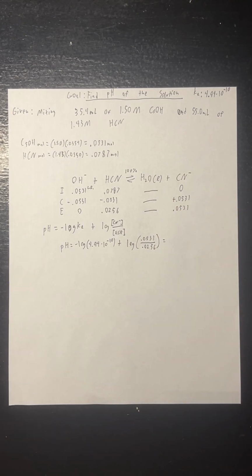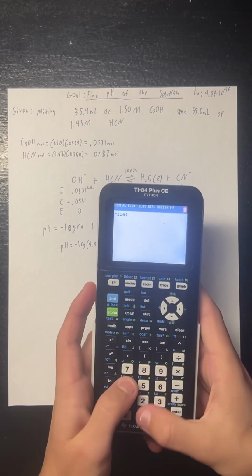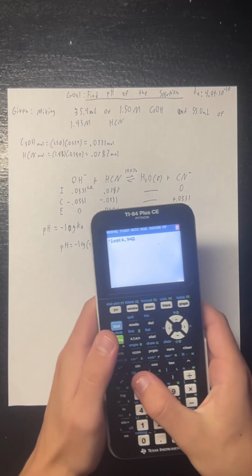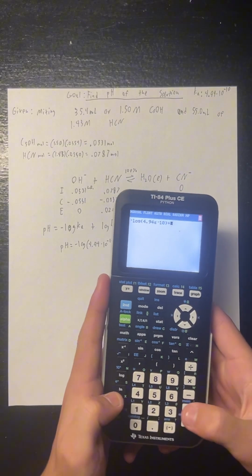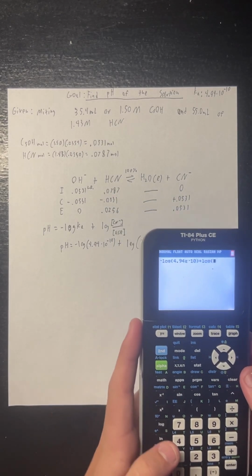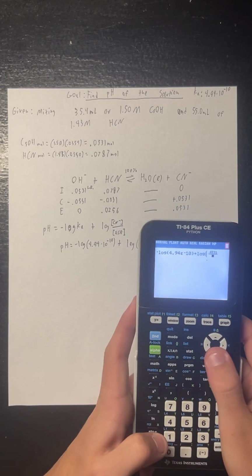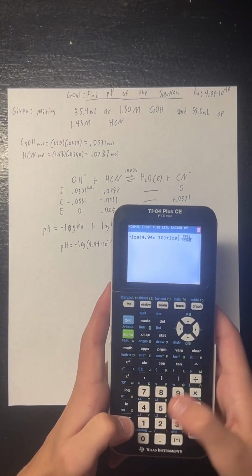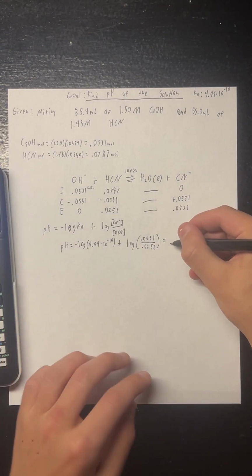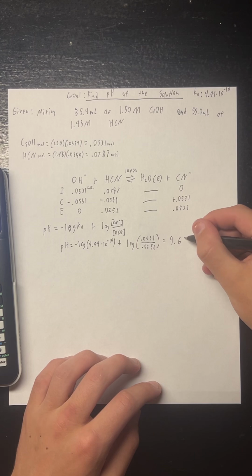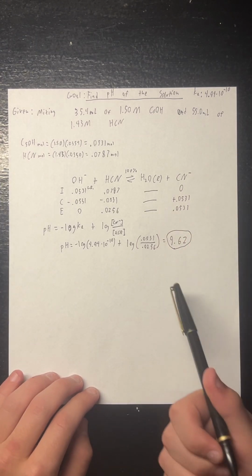Now let's plug all that into the calculator: negative log of 4.94 times 10 to the negative 10, plus the log of 0.0531 over 0.0256. And what do we get? Our pH is 9.62, and that is our answer. That is the pH of the solution.